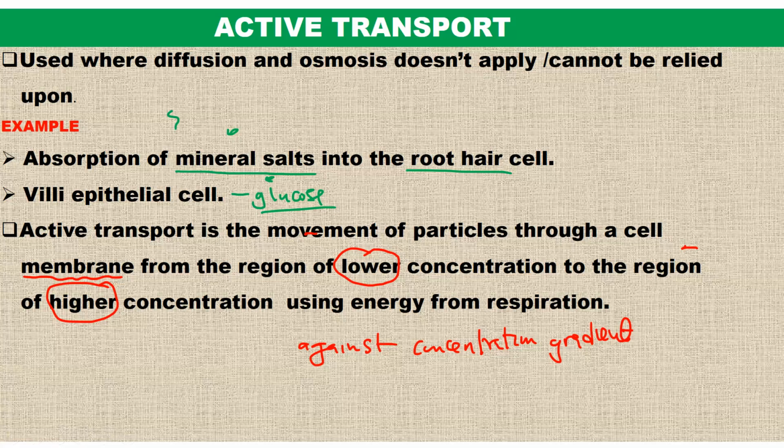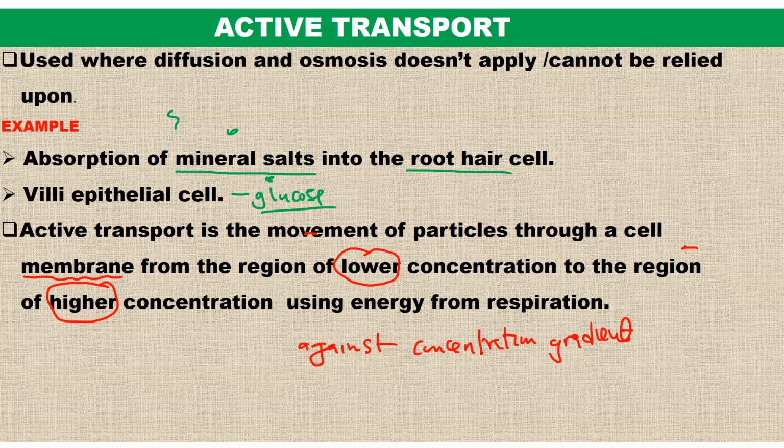This is the process whereby materials are already higher inside, but you still need to take in more. For example, you may have a lot of glucose in the bloodstream, but even though you've eaten and digestion has taken place, glucose still needs to be transported even where it is in higher concentration.